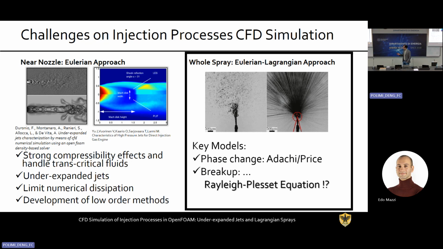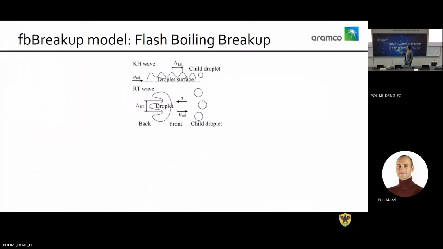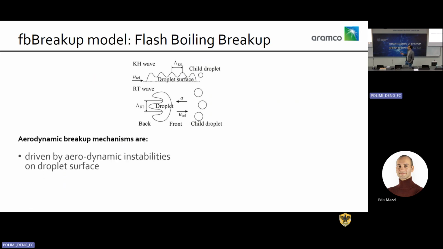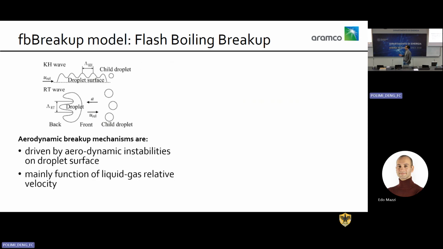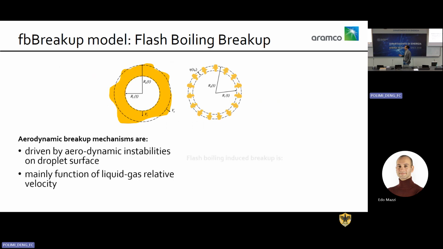And for that, within the guise of Aramco, what we have done, I can say that this is what we usually think when we refer to the breakup. The breakup is something that depends on the aerodynamics on the interface between liquid and gas phases. So basically, it's aerodynamic instabilities.